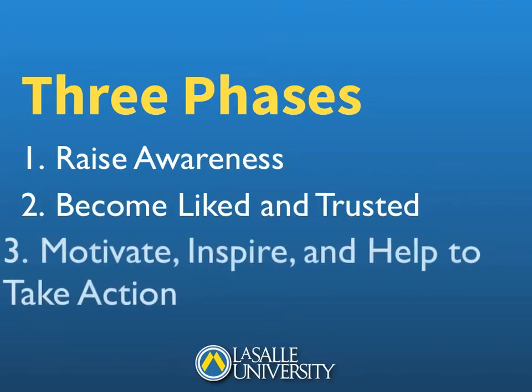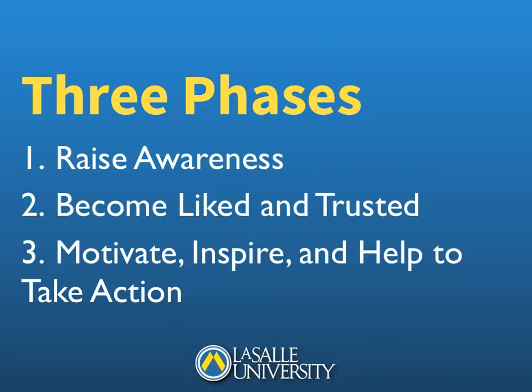And then for phase 3, once people know who you are and that you're liked and you're trusted, then what you want to do is motivate, inspire, and help people to take action. So as you can see, these really build off of each other, and you can't get to phase 3 if people don't know who you are.